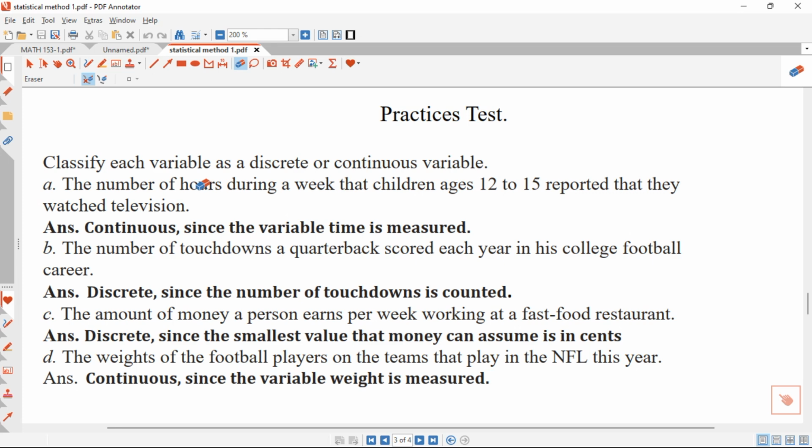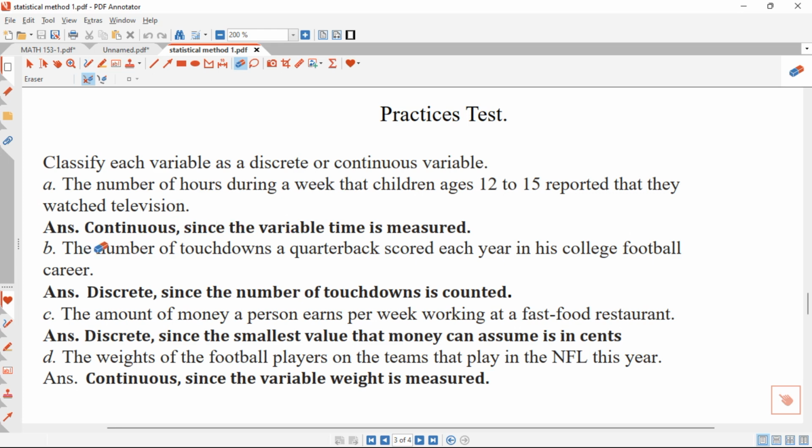For hours, we cannot count hours like 1, 2, 3. Hours are usually measured, right? And we know that 1 hour is equivalent to 60 minutes. So this is an example of a continuous variable since the variable time is measured.